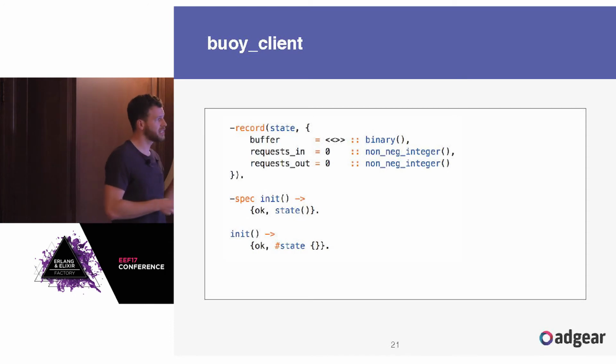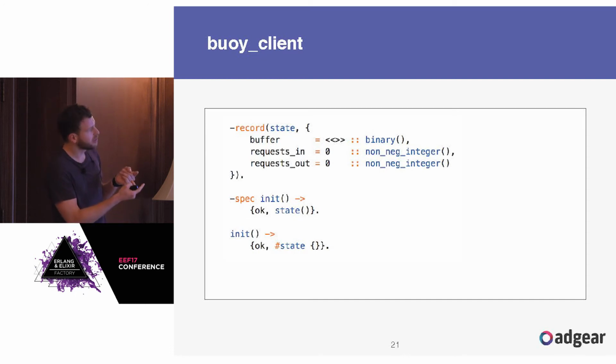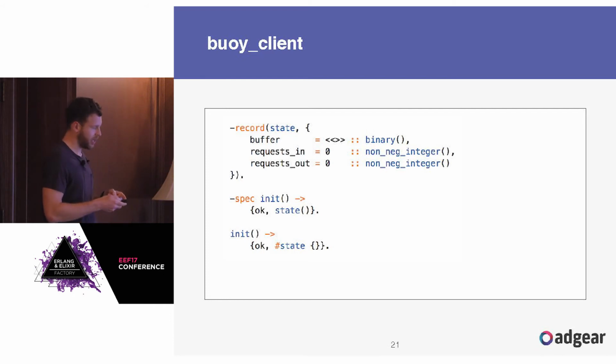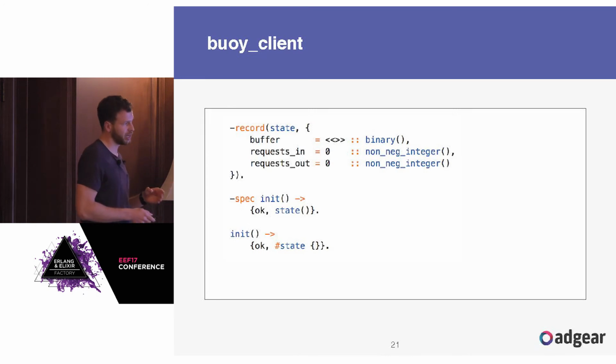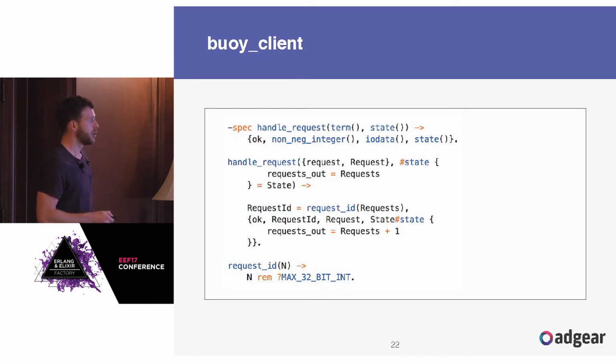What we do is when we send a request, we increment the counter requests out, and when we receive a response, we increment requests in, and this is how we know the right ID for each request. This only works because the ordering is supposed to be maintained. If the order is not maintained, then this doesn't work, and you need to send a request ID in the protocol.